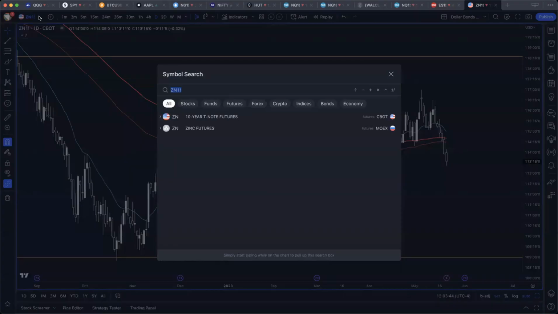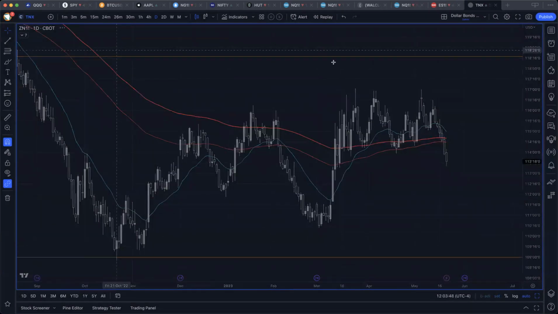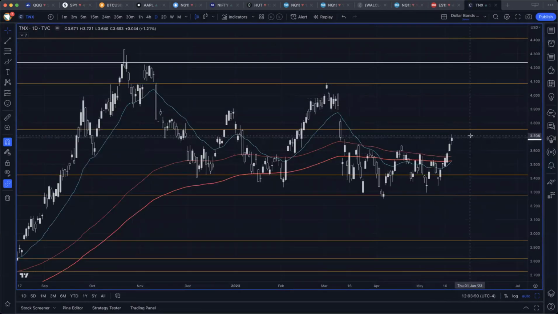And if we take a look at yields, TNX, I believe, yes, that's the 10-year note yield. We're at 3.69, heading up to what I think we're going to be challenging up here at 4.07. So this is not supportive of a further move up either.